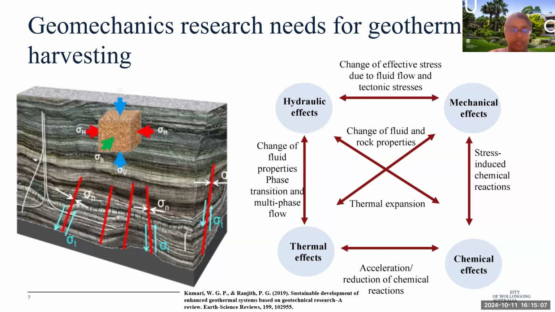So essentially, knowledge of coupled thermo-hydro-mechanical-chemical mechanisms is needed to understand these systems, and it's a very complex problem. This sketch summarizes how these processes are interrelated. For example, temperature, pressure, and chemical effects will alter fluid and rock properties.